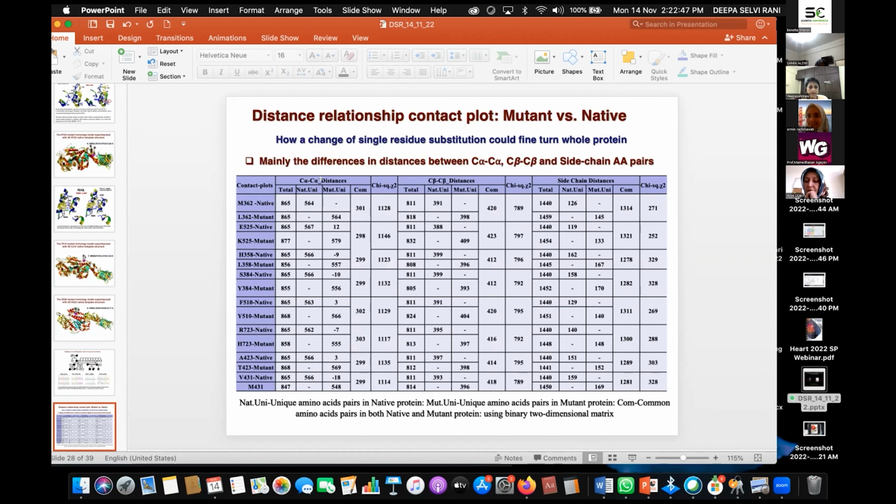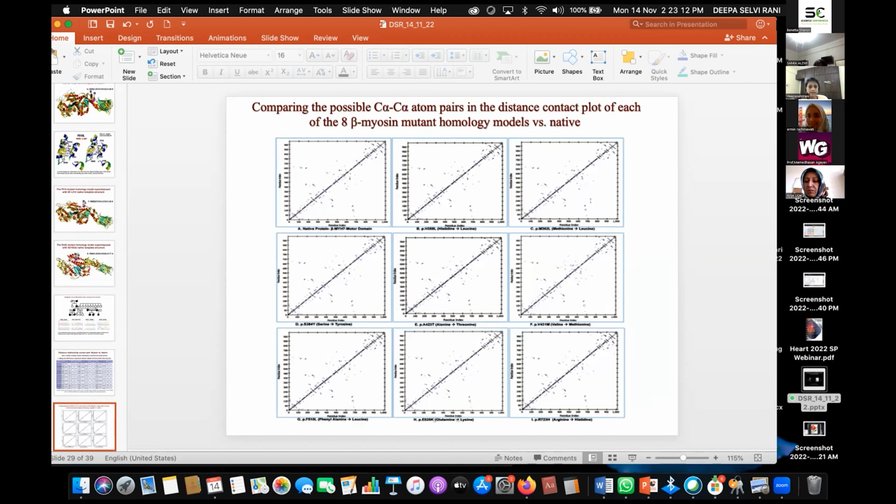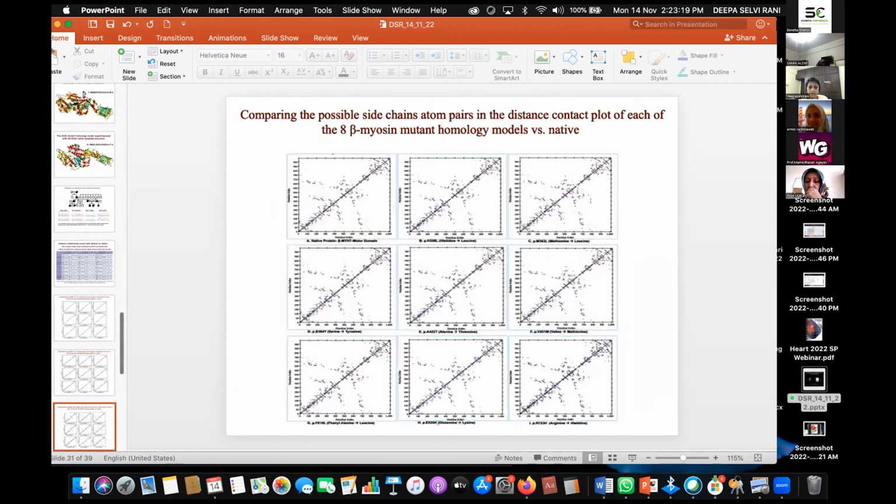The amino acid pairs for the C alpha distance and the C beta distance, the native one, the mutant one, the common one. Again, the side chain interactions between the mutant one, native one, and the common ones. Then we calculated the chi-square deviation. This is the C alpha amino acid pairs and C beta amino acid pairs for the distance contact plot, and then this is the side chain amino acid plot.